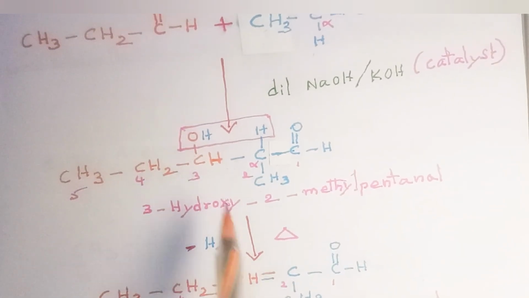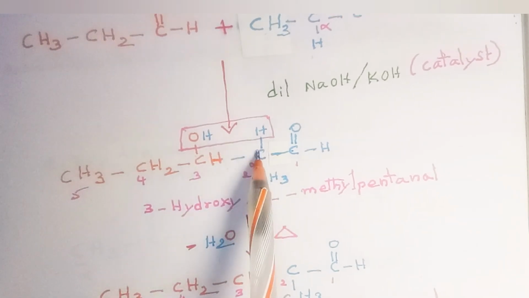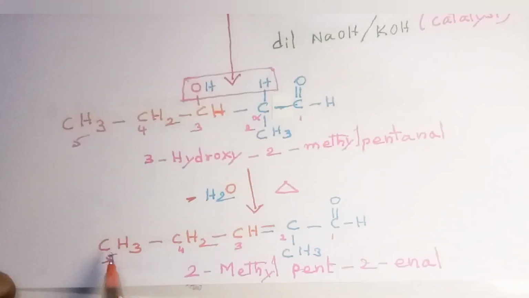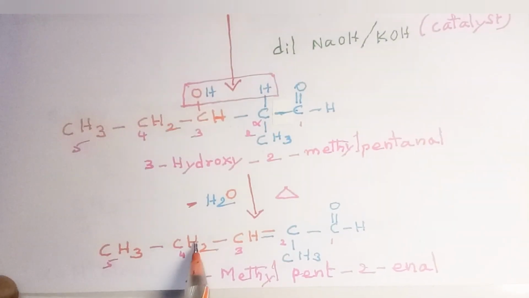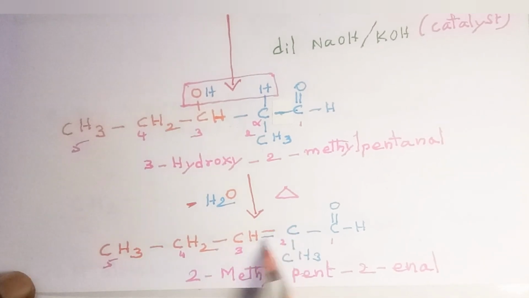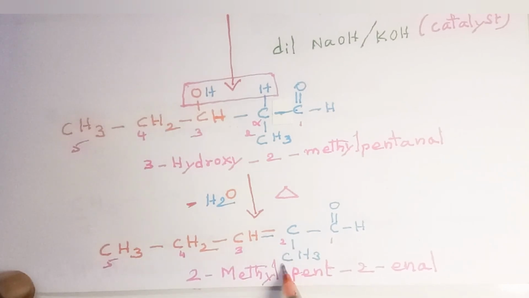Another bond is formed between this carbon atom of the propanaldehyde and the alpha carbon of the second propanaldehyde, and we get CH3, CH2, CH, double bond C, CH3. This is the beta carbon.